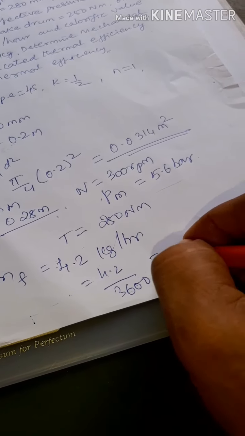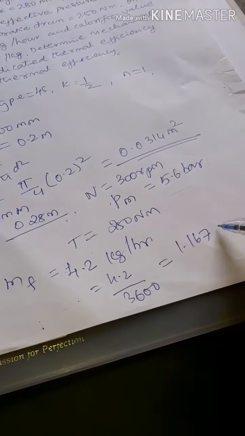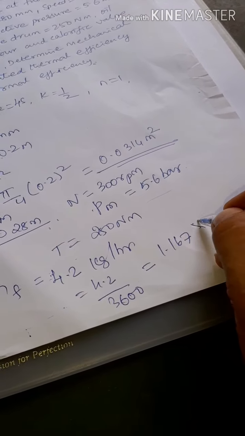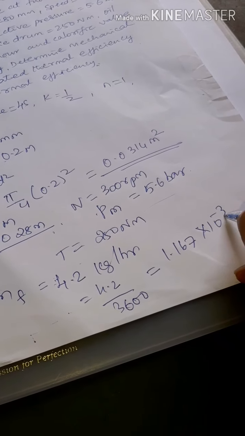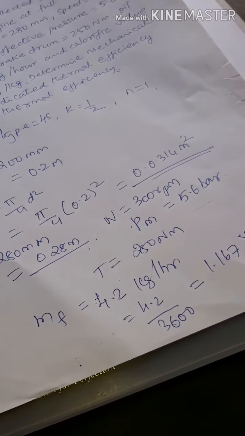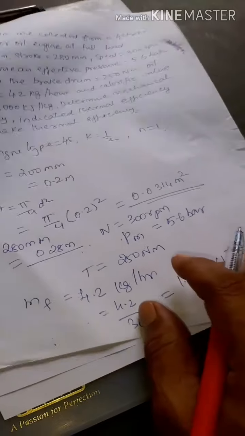So that is equal to 1.167 into 10 to the power of minus 3 kg per second. This is the conversion. Next, calorific value is given.